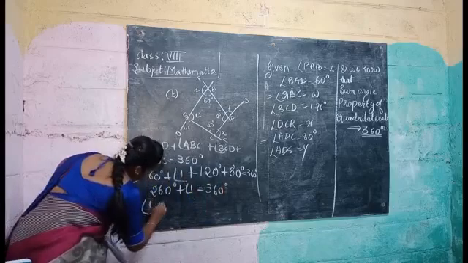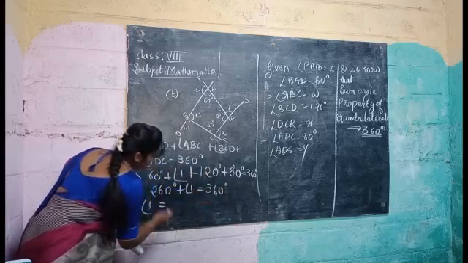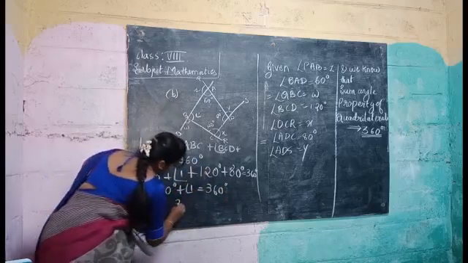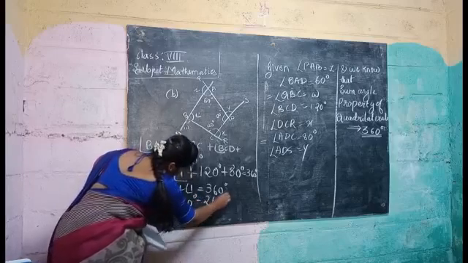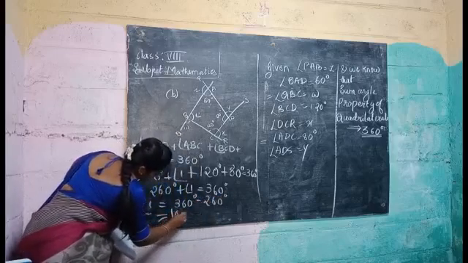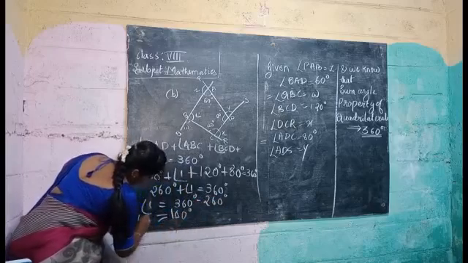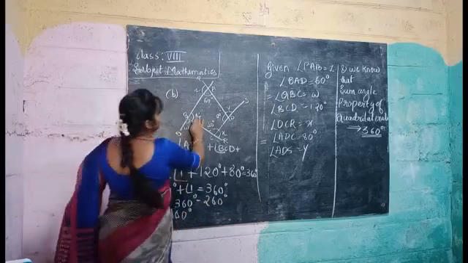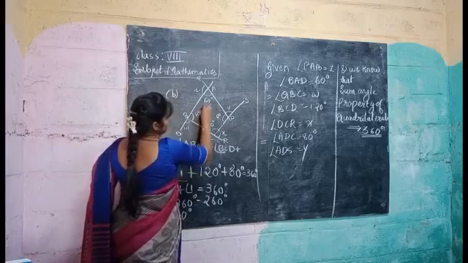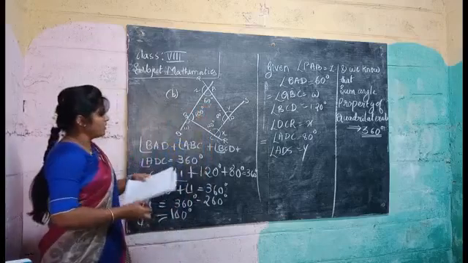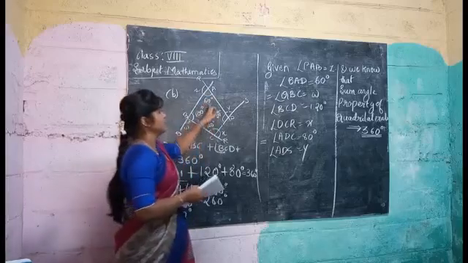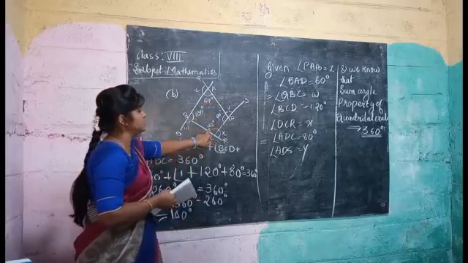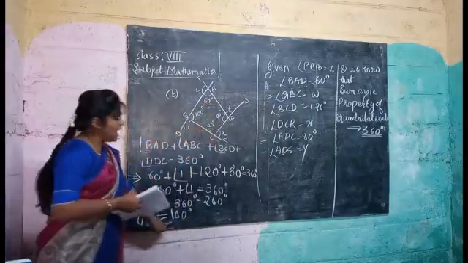Taking angle 1 out, this side will go to that side, the plus becomes minus. 360 minus 260, how much do we get? Angle 1 we got 100. Yes, all the four angles we got. This is 60, this is 80, this is 120, and this is 100.